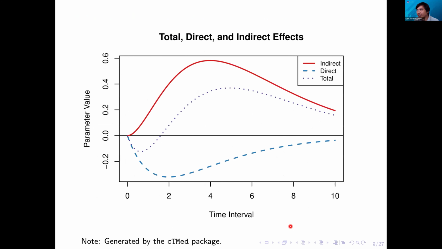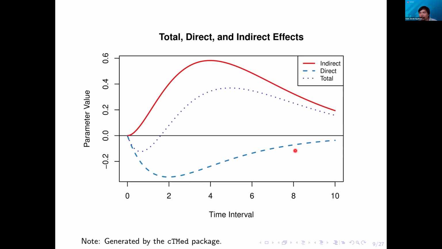So here, let's go back to the example of stress, coping and mood. X is stress, coping is M, and mood is Y. The red curve is the indirect effect of stress on mood via coping. The purple is the total effect, and the blue is the direct effect.